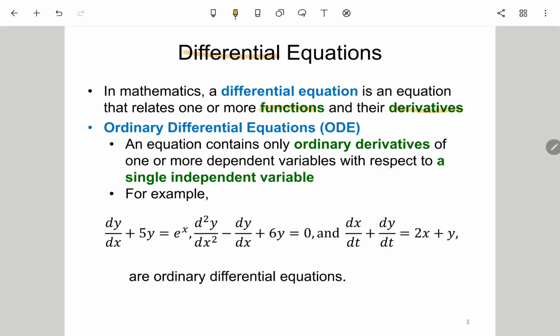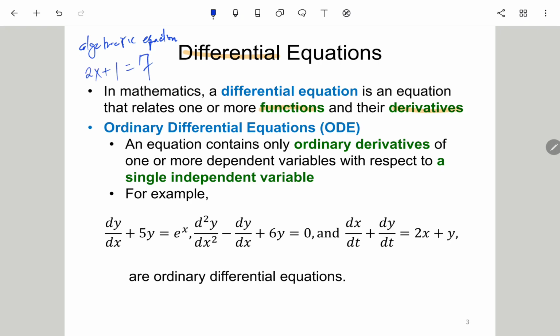Okay, so actually in high school or even in primary school, what you always solve is an algebraic equation. Which is like, let's say, 2x plus 1 equals 7.